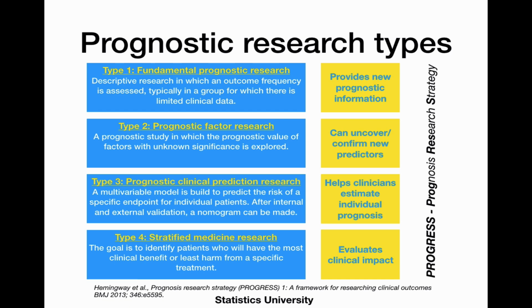For example, stratified medicine research is the prognostic counterpart to the diagnostic clinical utility studies. The similarity between prognostic and diagnostic research is not illogical, since both are prediction research that only differ because of the influence of time in prognostic research.